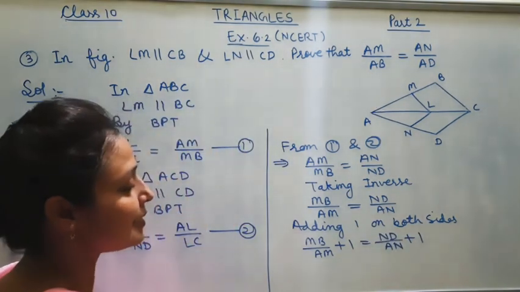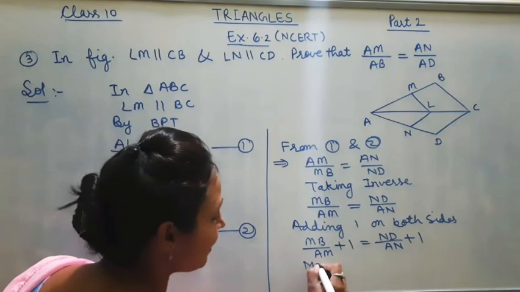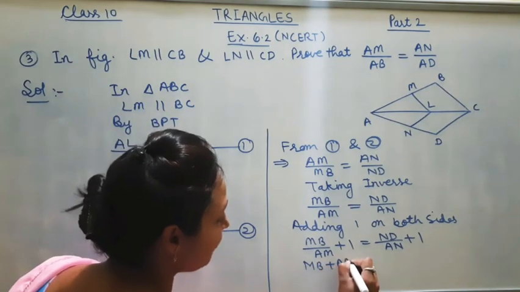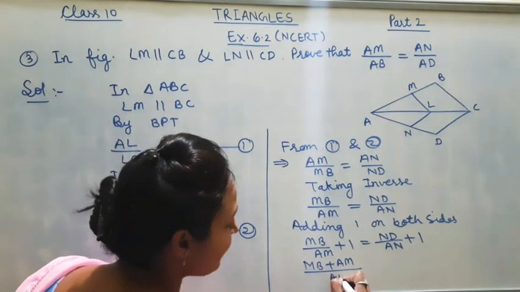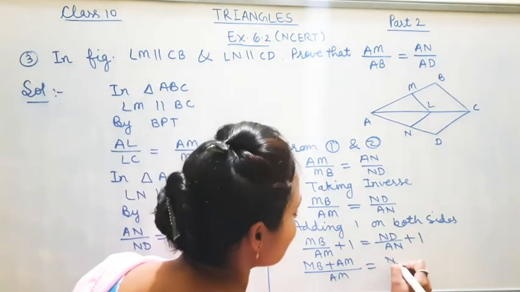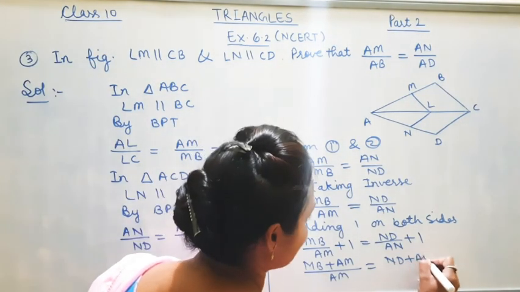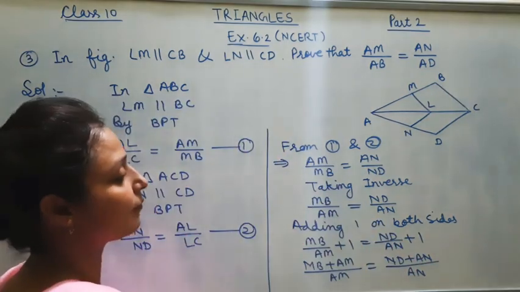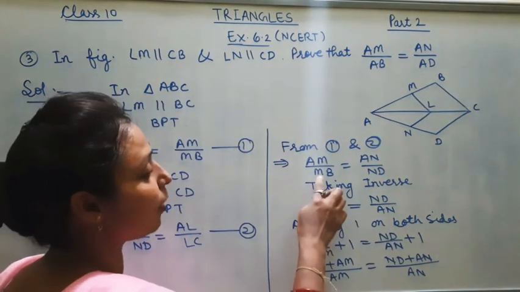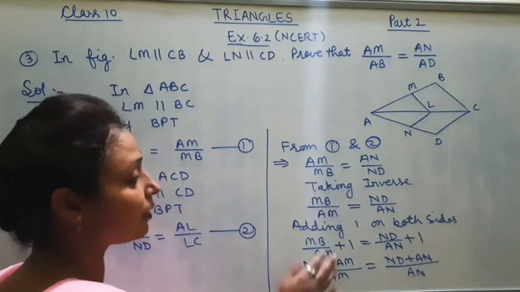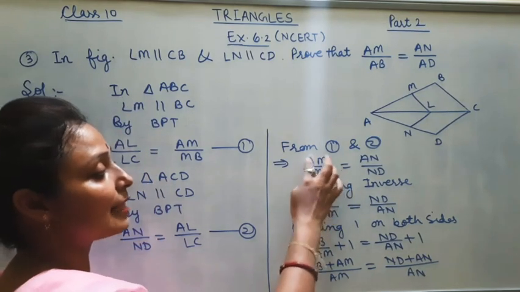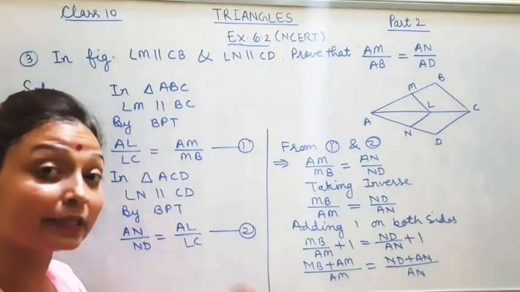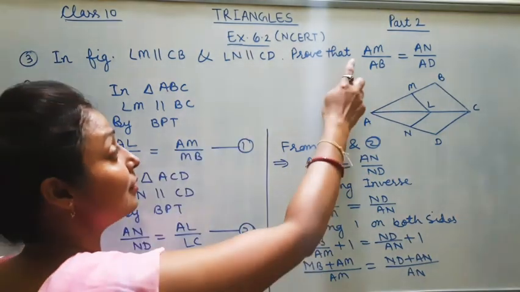Now take the LCM. MB plus AM upon AM, right? And in the next step, ND plus AN upon AN. If I do not take the inverse, the denominator will change, but I want the numerator to change AM into AB. So I want AB, AM in the question.